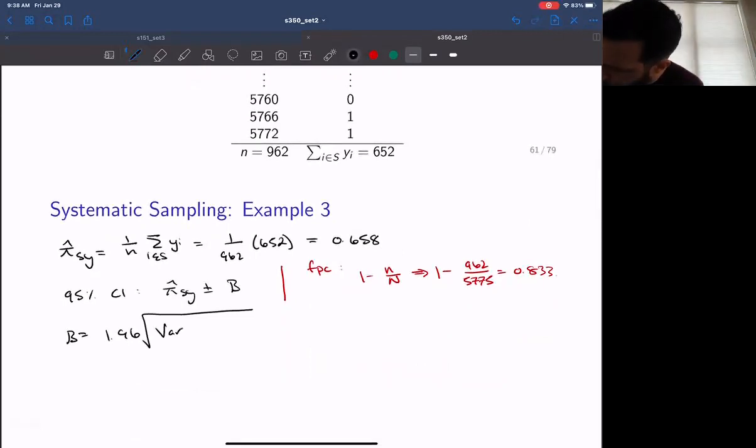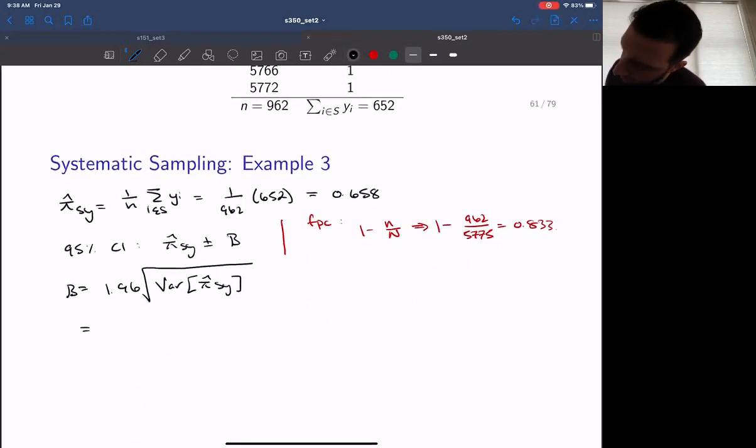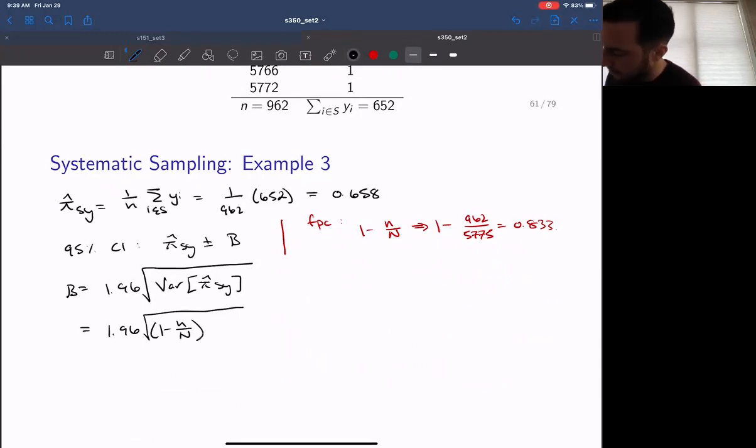All right, so our bound will be 1.96 multiplied by the variance of pi hat sy. So this will be 1.96 multiplied by the square root of 1 minus little n over capital N, pi hat sy, 1 minus pi hat sy divided by little n.